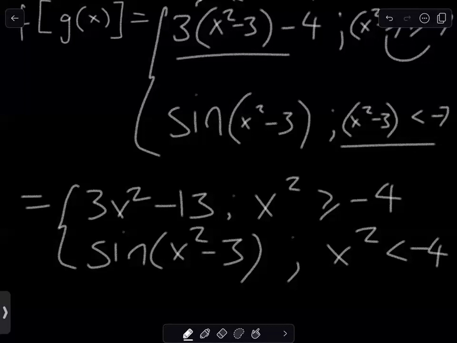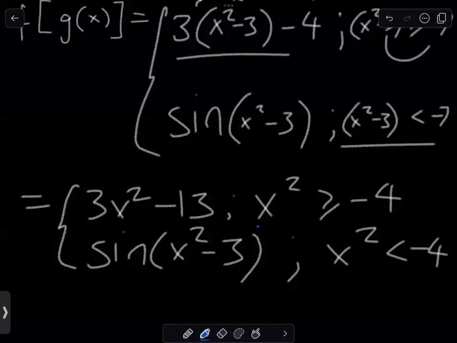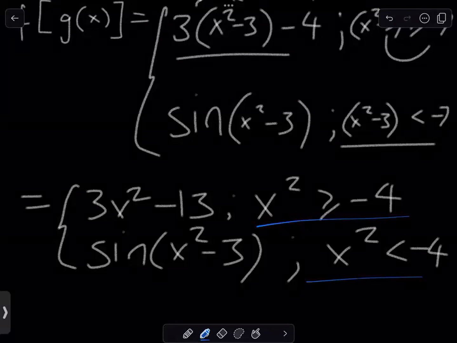But before we go on to the next part of this question and find g circle f, let's just take a look at these intervals because they look peculiar. So we should be simplifying those intervals. We want those intervals in terms of x, not x squared. But before we go and do complicated math, let's just take a look at this. x squared is a parabola.